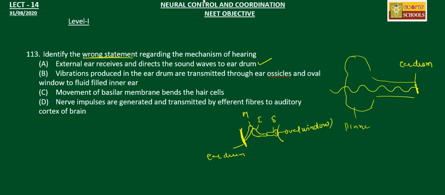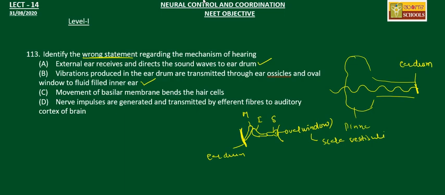So at the base of the cochlea we have this oval window. Vibrations produced in the eardrum are transmitted through ear ossicles and oval window to the fluid in the inner ear. At the base of the cochlea we have scala vestibuli, which means that this oval window is connected to scala vestibuli. So this statement is also a right statement.